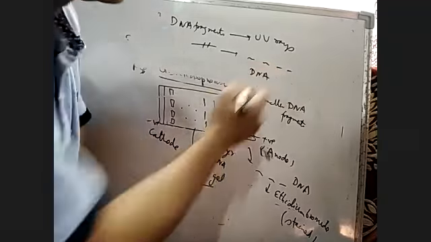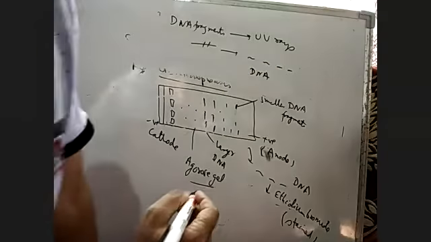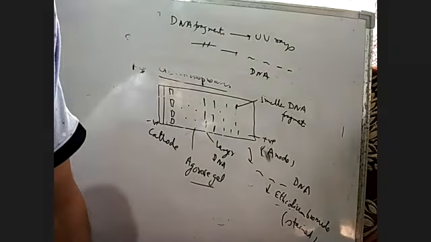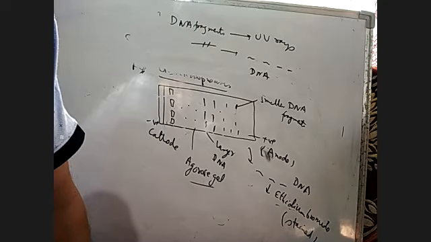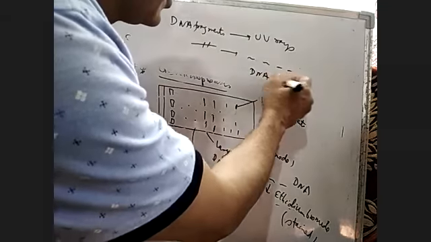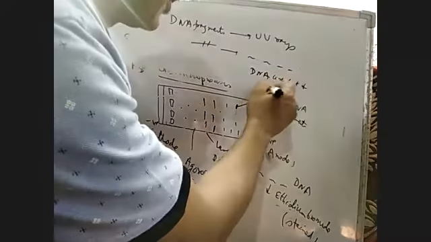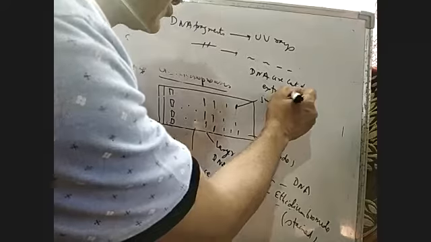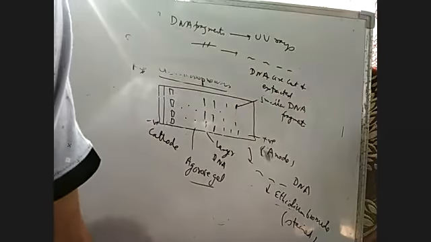DNA fragments are made into small cuttings and they are separated and extracted. Okay, this is the whole process.